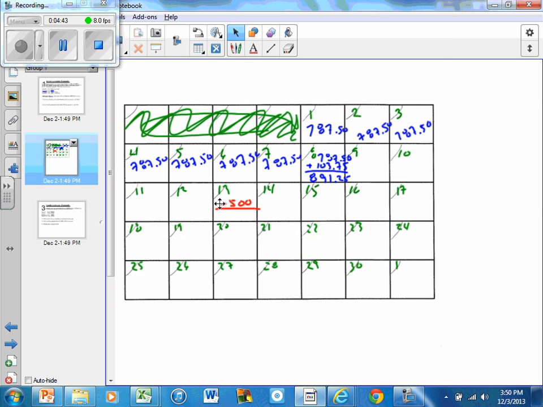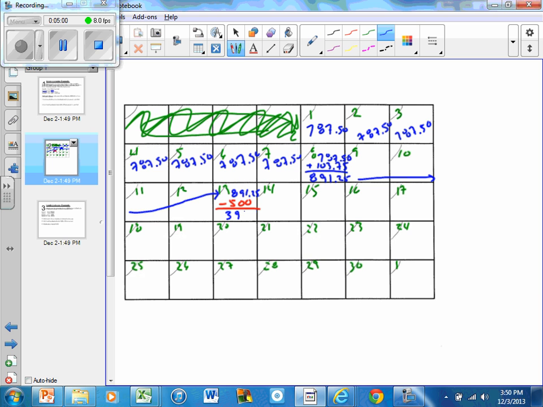So our credit card gets reduced. Our balance of $891.25 is going to go all the way through to this point right here. And we're going to subtract $500 from our balance, and that's going to leave us with $391.25. So our new balance is $391.25.